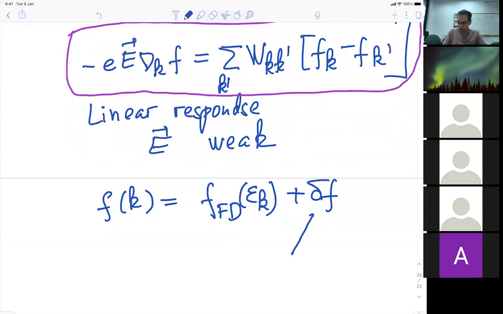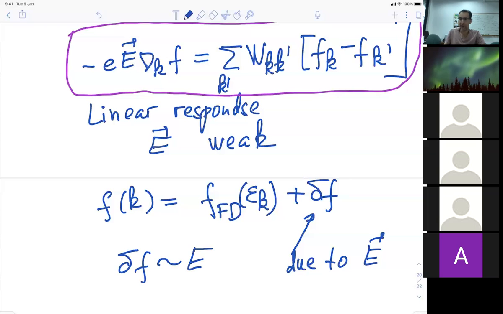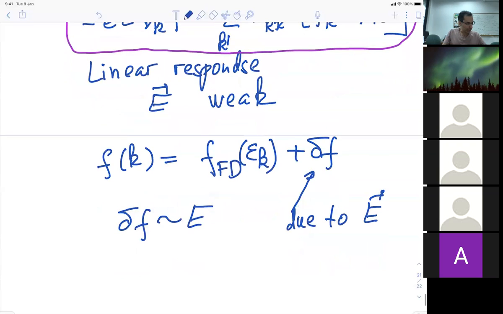This is the correction due to the electric field. So we expect delta f to be proportional to the applied electric field. In the absence of electric field, the distribution function goes back to the Fermi-Dirac distribution function. Okay.